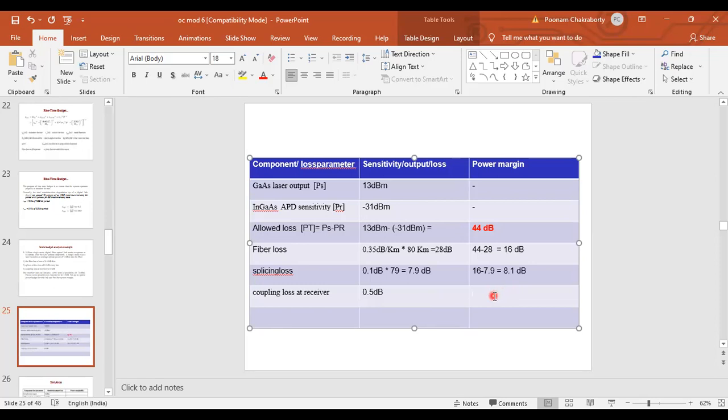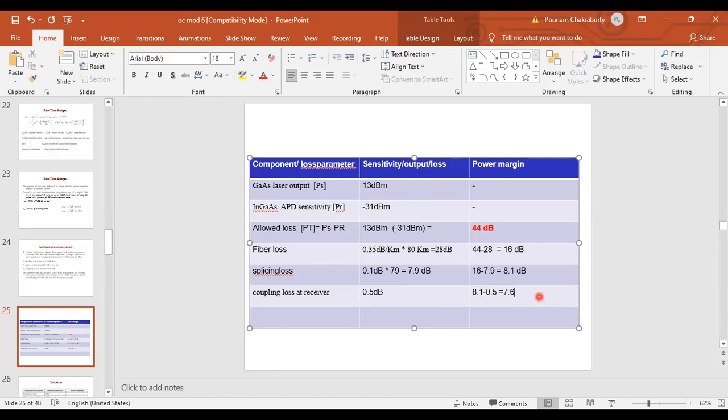Whatever is mentioned, you consider that. So 8.1 minus 0.5. So 7.6. So 7.6.